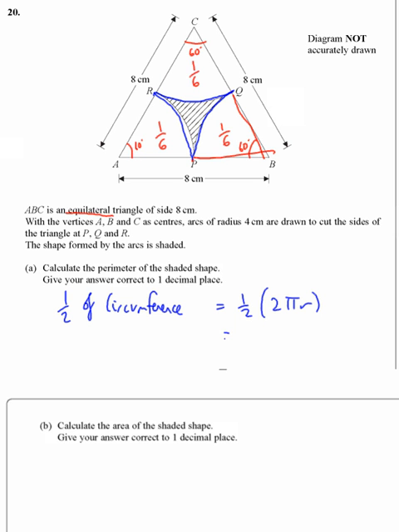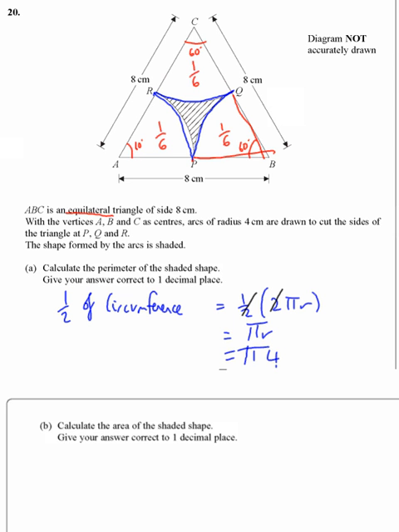And the radius is 4, and the half and the 2 will cancel. So it effectively becomes pi times r, which is pi times 4. To 1 decimal place, that is 12.6.